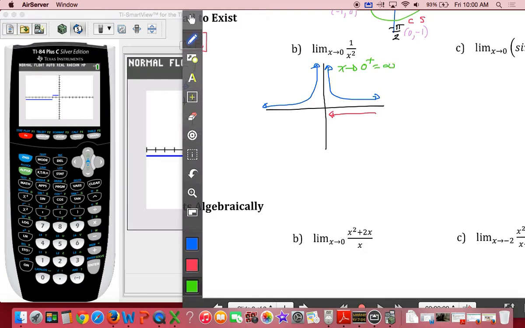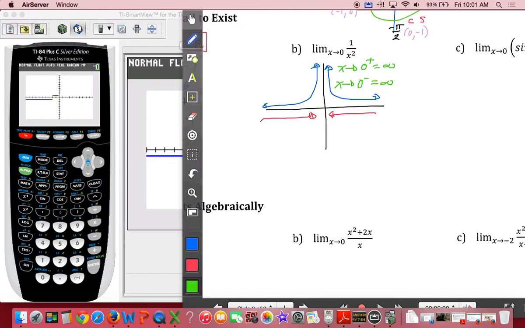So it actually is approaching infinity. It's increasing without bound, okay? And then as we approach 0 from the left, sorry about that, what's happening? So it is also increasing, approaching positive infinity, right? So as x approaches 0 from the left, it also approaches positive infinity.